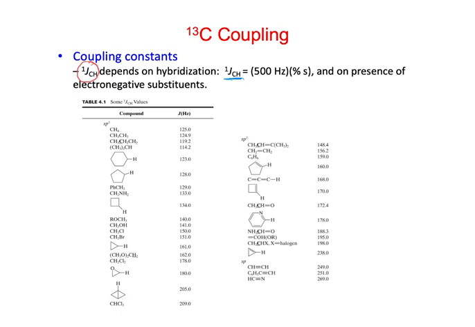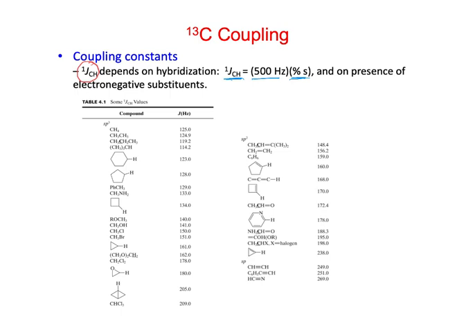It works out that if we take the percentage of S character in that carbon and multiply it by 500, that puts us in the right range of the carbon-hydrogen coupling constants.